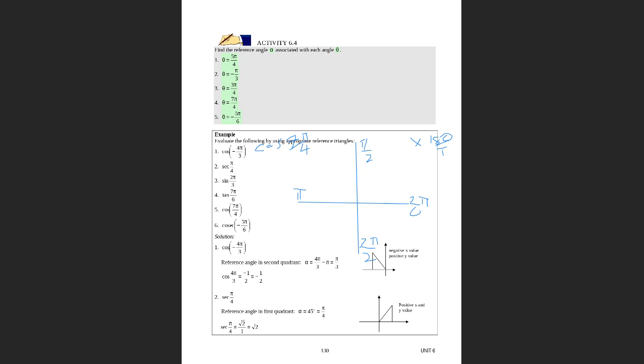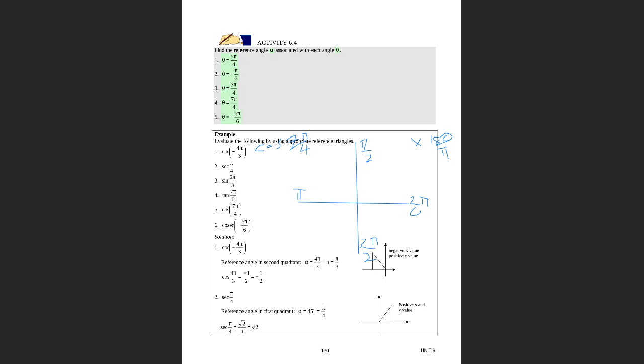Then you will notice that 7 pi over 4 is going to be in the fourth quadrant, which is here.